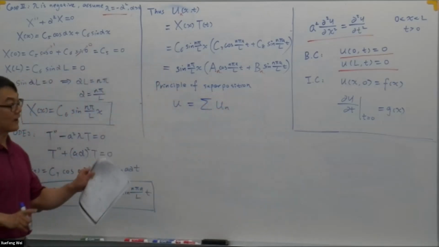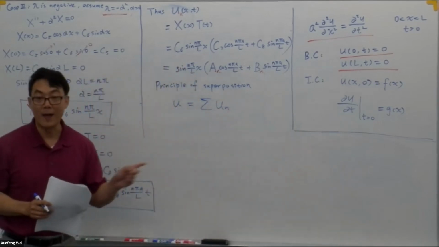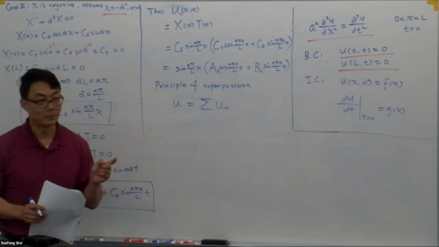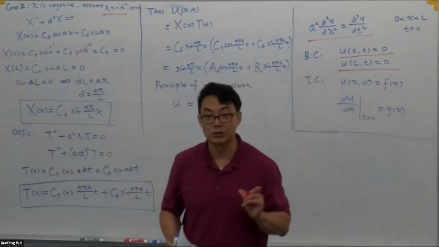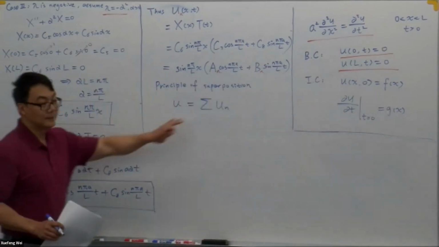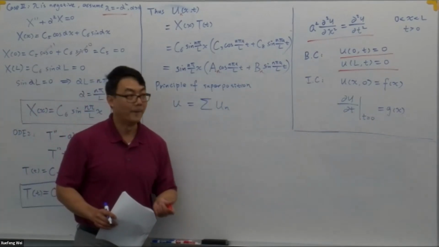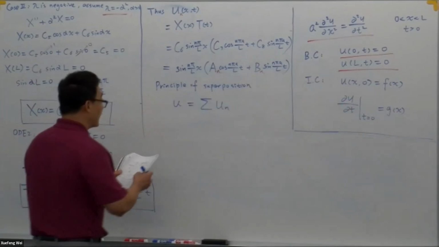In order to satisfy the initial condition, you can pick more than one n. We've done this before because f(x) and g(x) could be anything. Sometimes you might need to use unlimited u_n to represent f(x) and g(x). That's what we did before. So let's look at the initial condition.